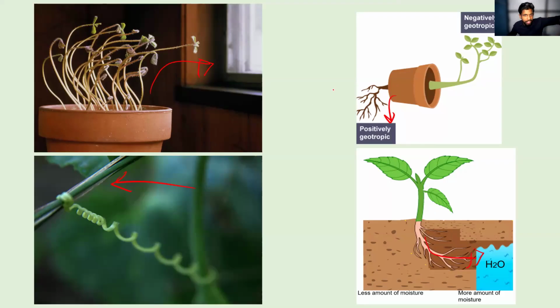You know, the gravity is downwards, so the roots are moving towards the gravity, along its direction. But the stems are moving upward, opposite to the gravity.